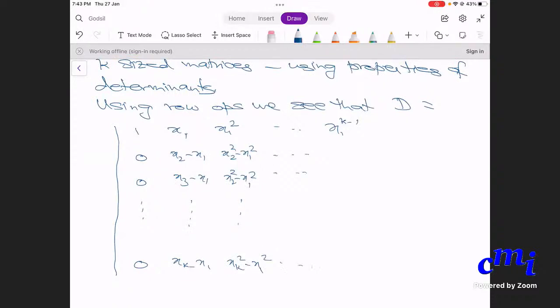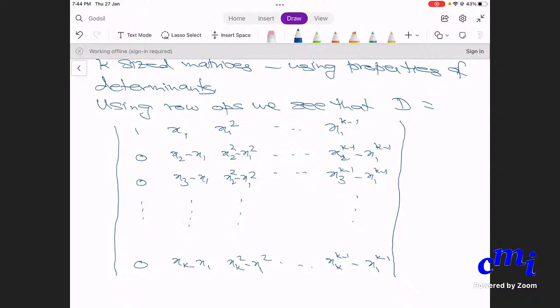It goes up to x2 to the k minus 1 minus x1 to the k minus 1, x3 to the k minus 1 minus x1 to the k minus 1, xk to the k minus 1 minus x1 to the k minus 1. So by row operations, we get this matrix.